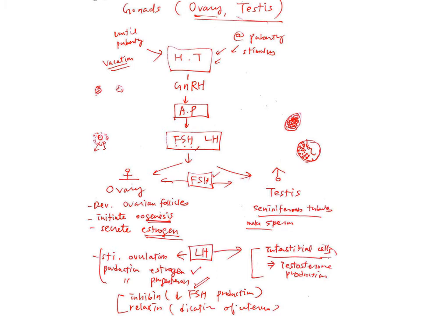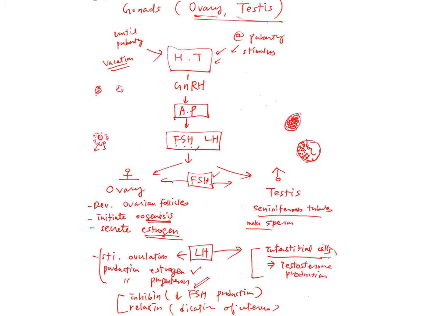Okay, so as you see, until puberty the hypothalamus is not going to release gonadotropin releasing hormone, but at puberty GnRH is released, and then GnRH will trigger gonadotropes at the anterior pituitary to secrete FSH and LH, which go to a target endocrine organ.